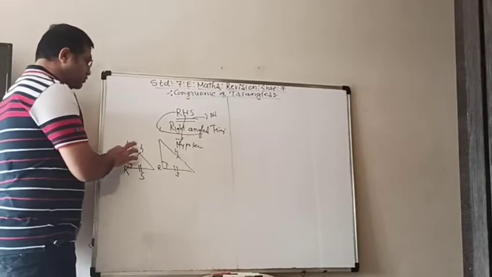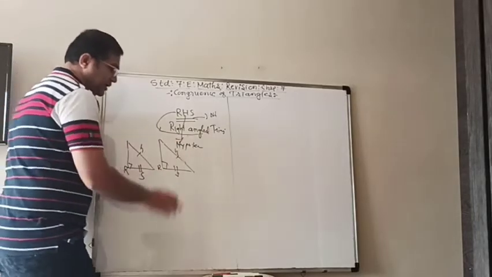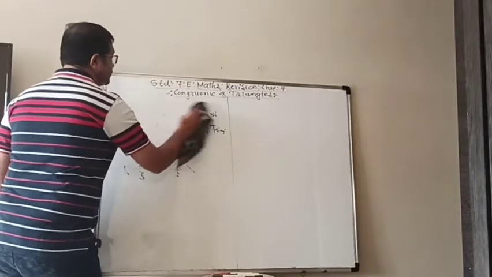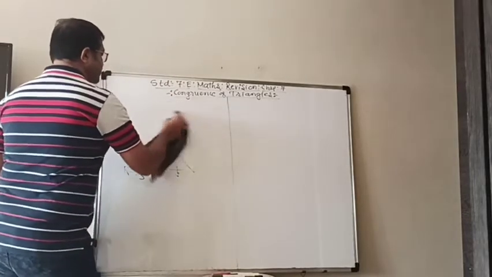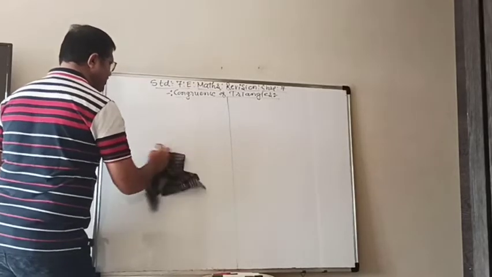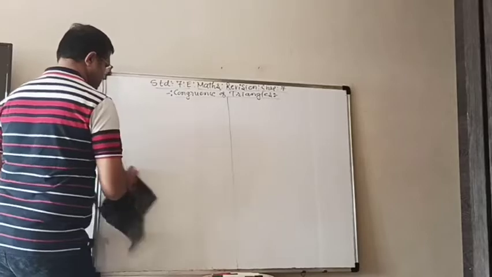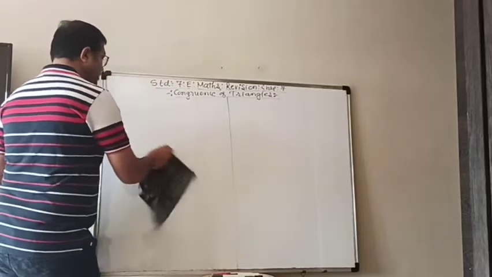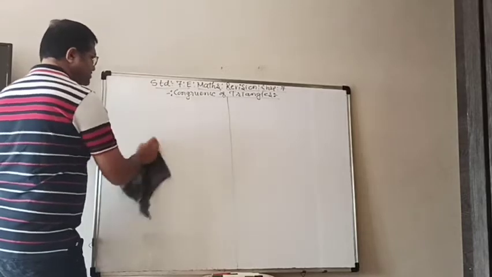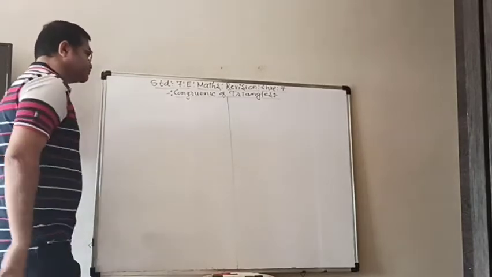So we don't have to check the other sides or the other angles. Automatically they will be equal. So now these four criteria are very important. If you know that, it is very easy to answer the questions regarding this chapter.